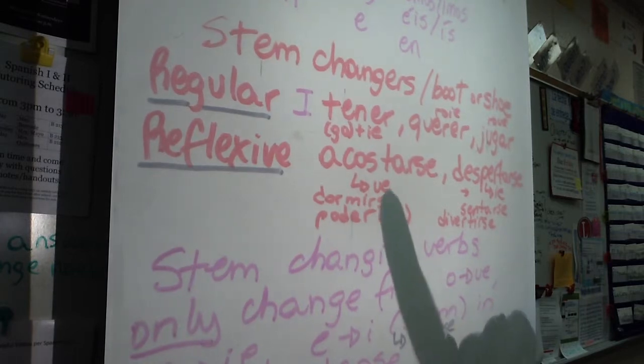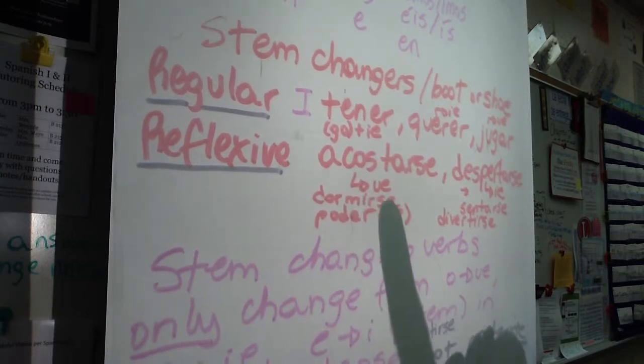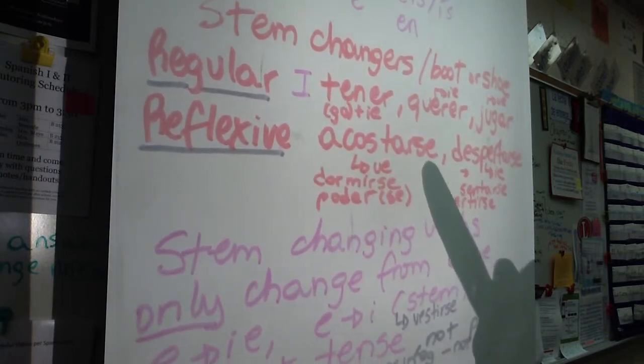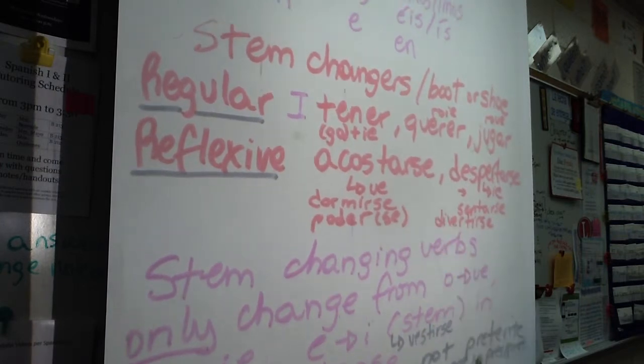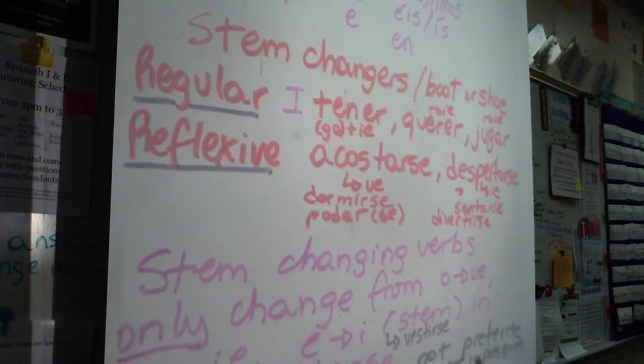But do we recognize acostarse and despertarse from our reflexive chapter? Okay. Acostarse was an O to UE change. So in addition to doing your reflexive pronouns, me, te, se, nos, and se, with verbs like acostarse, dormirse, and poder, whether it was reflexive or not, you would still make a UE change inside the boot.